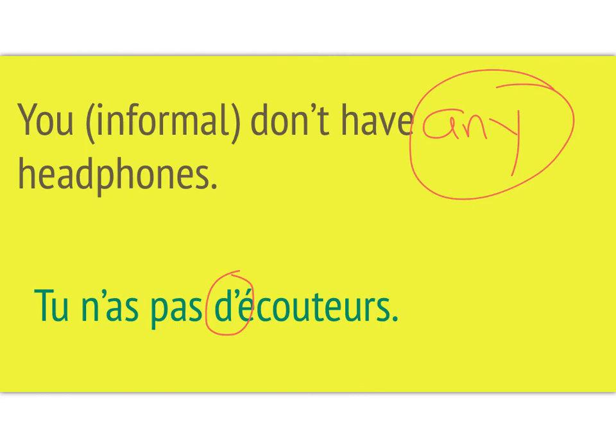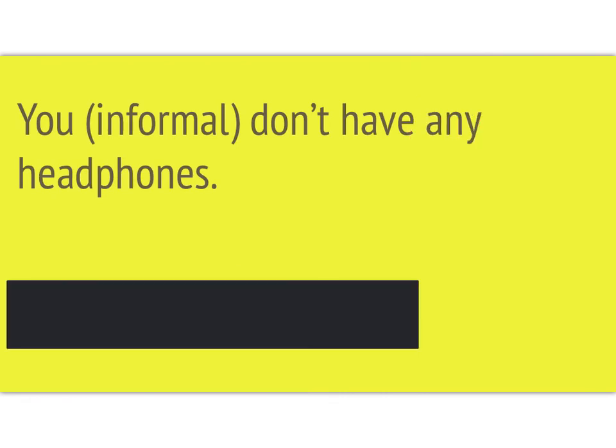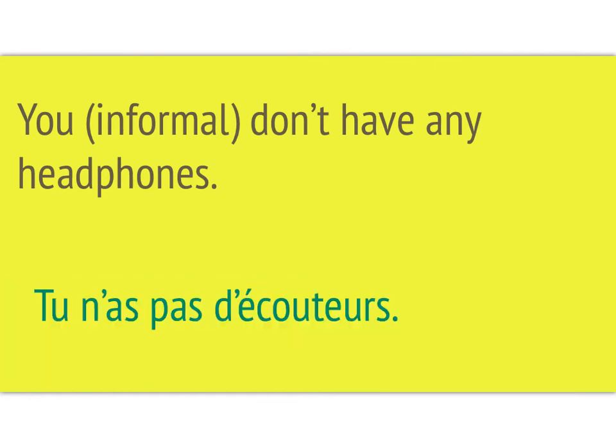It's the same thing because of this word any, because in English we don't have to use this word. You informal don't have any headphones. Ooh, trick question. It's the same answer. "Tu n'as pas d'écouteurs." So remember, that's the exact same thing you do. Okay.